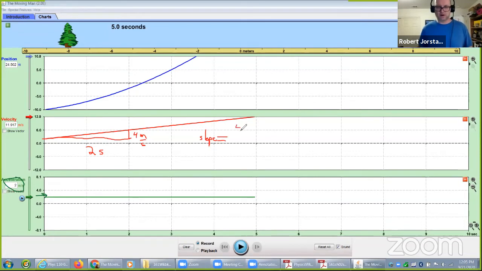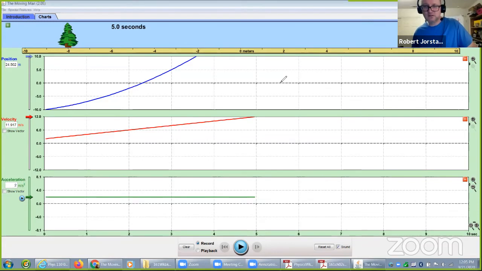We get 4 meters per second divided by 2 seconds. Notice the units still work out. We get 2 meters per second squared. Now, obviously, you could get a negative slope and then you would have a negative acceleration. But I just want to point out that this actually works. You can kind of see it on the graph right here. So far, so good?